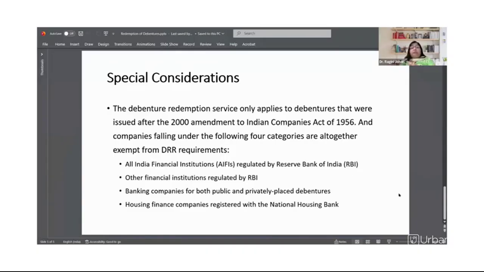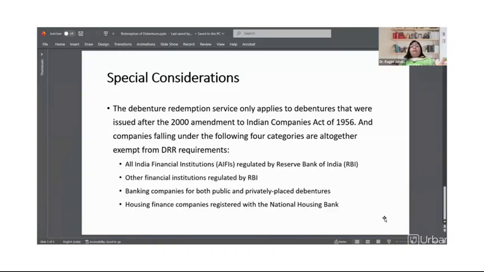For example, the first is all India financial institutions regulated by RBI. Other financial institutions regulated by RBI, banking companies for both public and privately placed debentures, and housing finance companies registered with National Housing Bank. These four categories of companies are fully exempted from the DRR requirement.